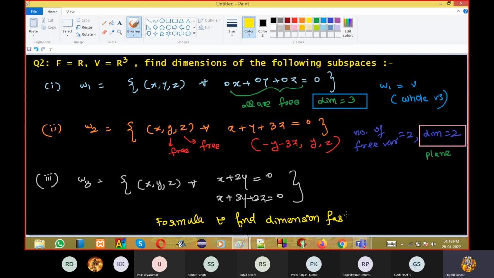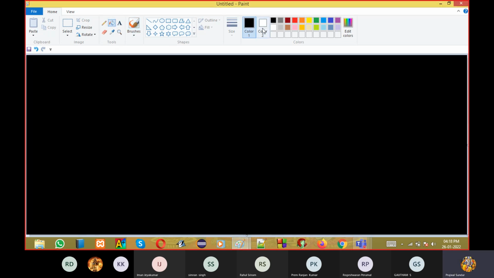That formula you need to understand. So what is that formula? Listen carefully. Initially you have some number of free variables. Then you are subjecting it to some conditions, and finally you get some variables.